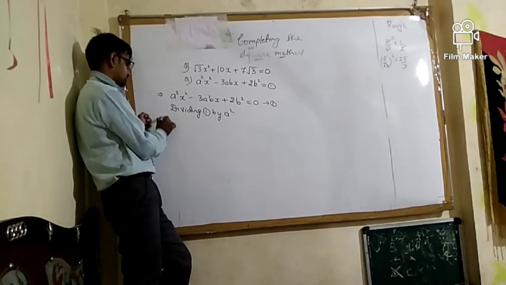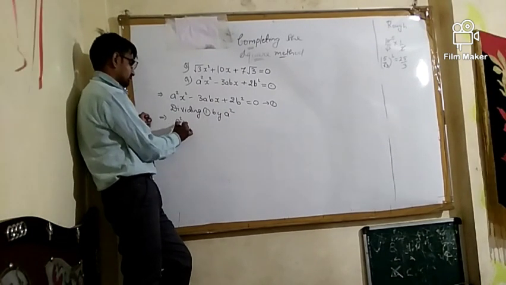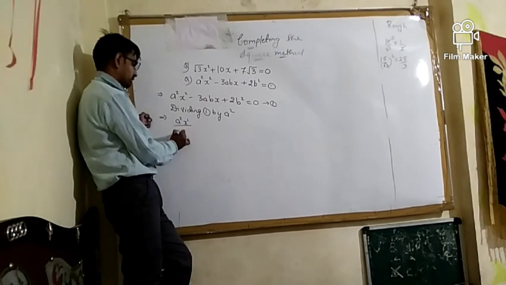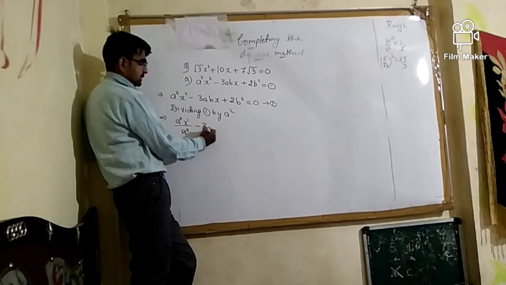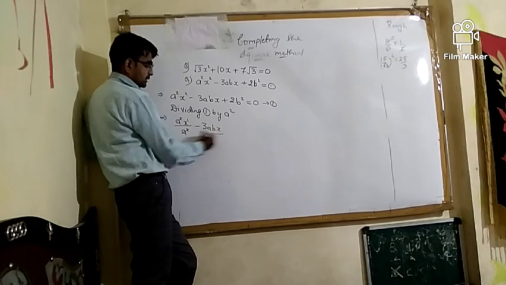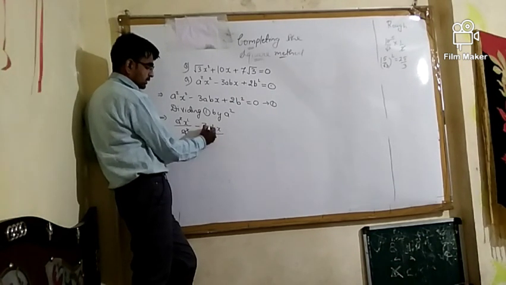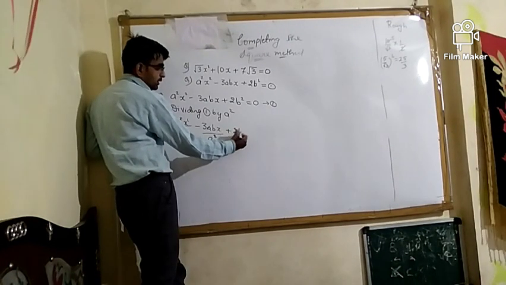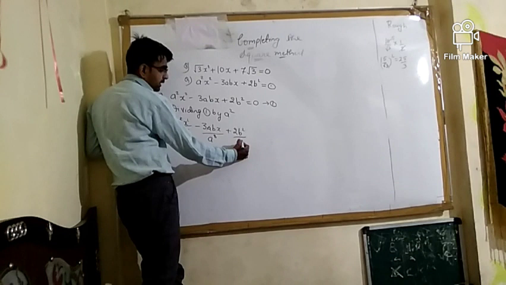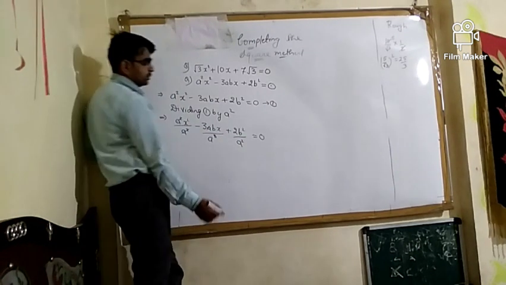What I will get, a square x square by a square minus 3abx by a square, okay, and 2b square by a square equal to 0.